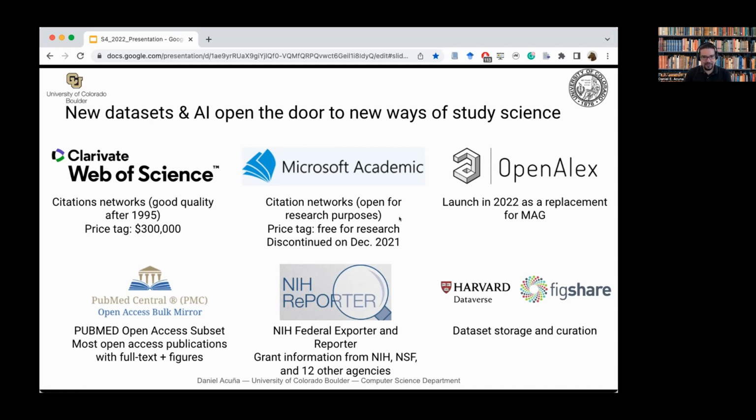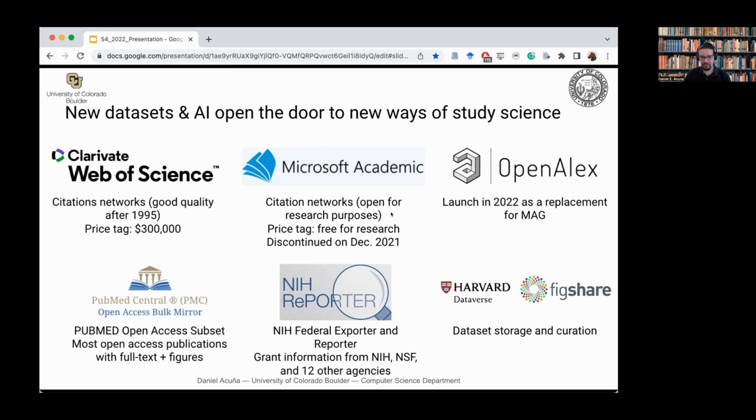But now you have access to so many data sets that back in the day you didn't have access to. Only a few years ago, Web of Science was offering their data sets, and I believe they were charging around $300,000 to access the entire publication and citation data sets. I don't think they're doing that anymore, or maybe they changed the price a lot because of all these great alternatives that we have, or we had.